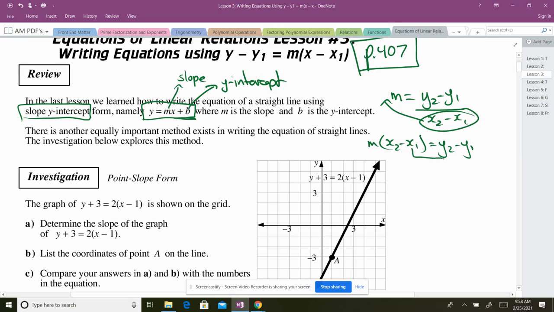That should be y1. These are points, right? x1, y1, x2, y2 are points. So we're going to rewrite this and change some of the subscripts.